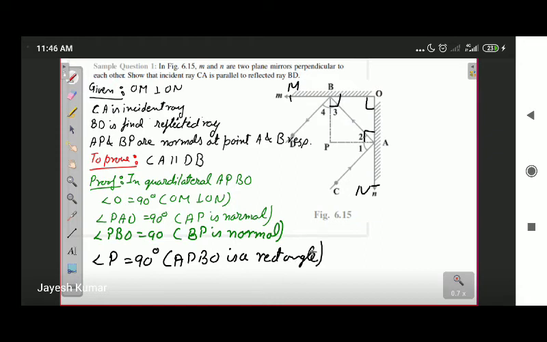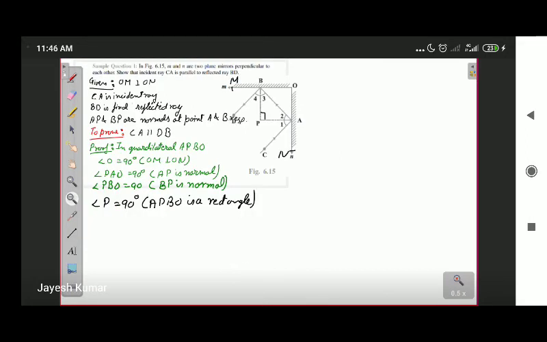Now, with angle P as 90 degrees, I am going to move to the triangle BPA.